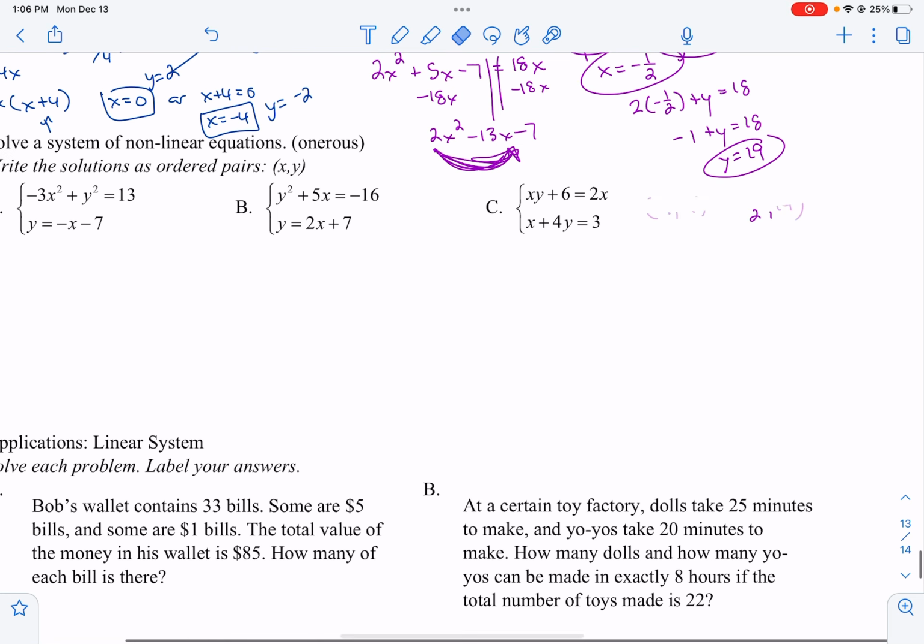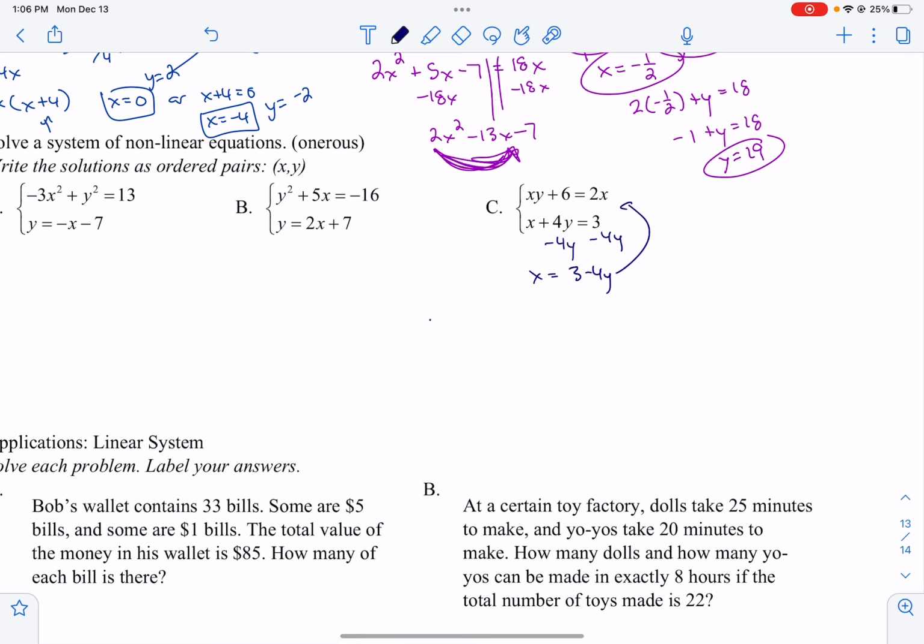So we're going to do part C right here. Nothing is x equals. So let's minus 4y from both sides. So this becomes x equals 3 minus 4y. And I'm going to plug that in up here for my x. So I end up with 3 minus 4y multiplied by y plus 6 equals 2 times 3 minus 4y.